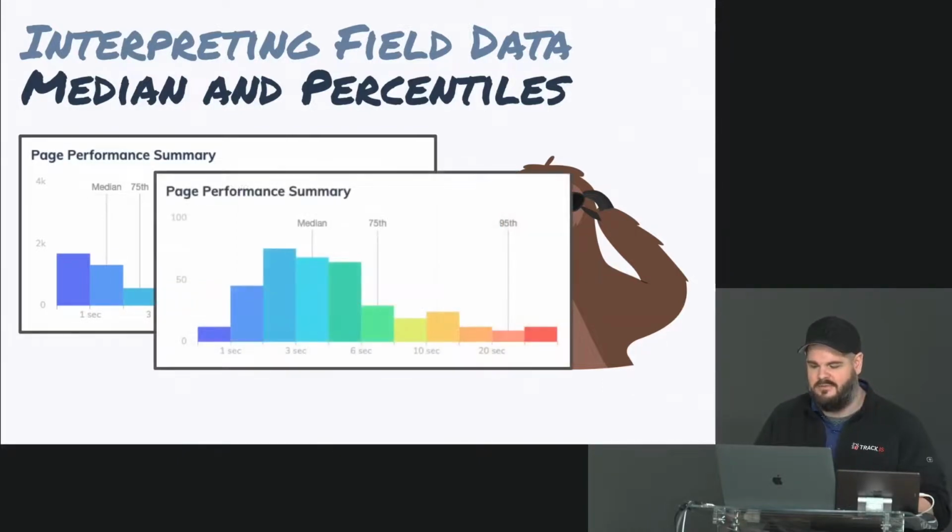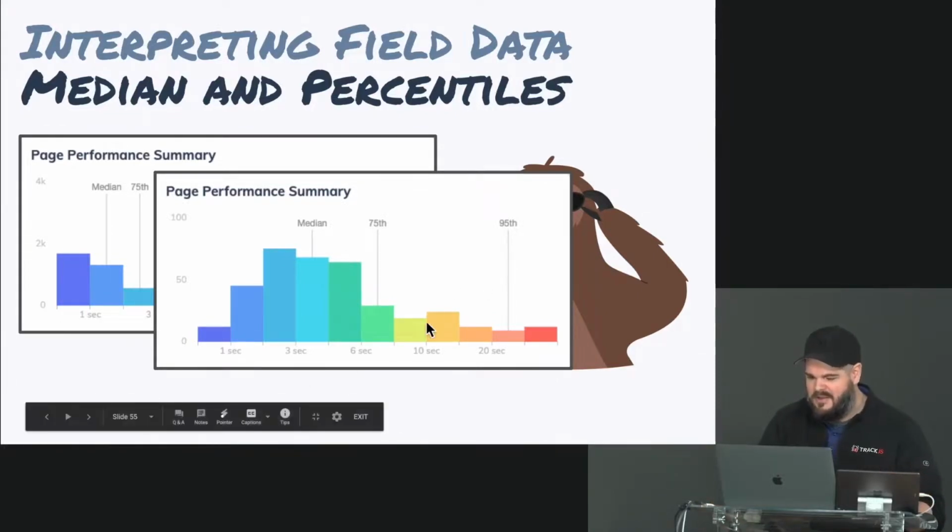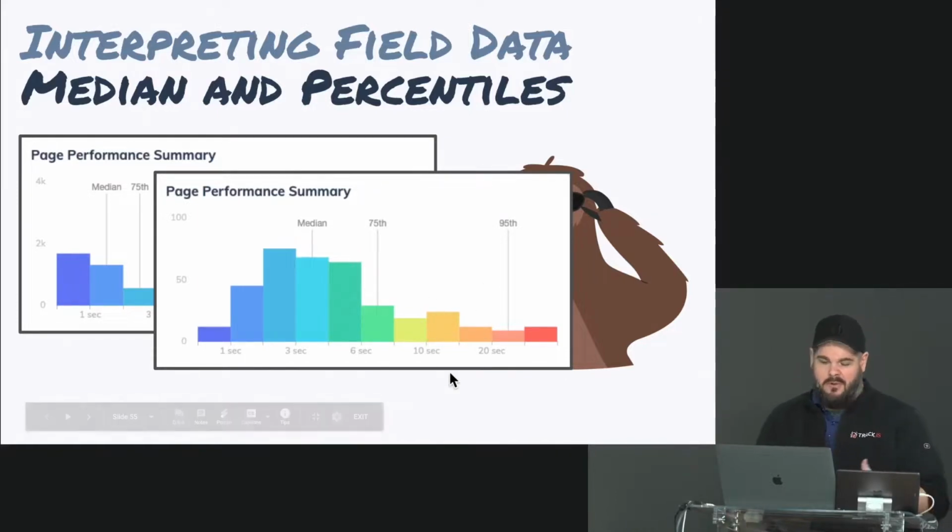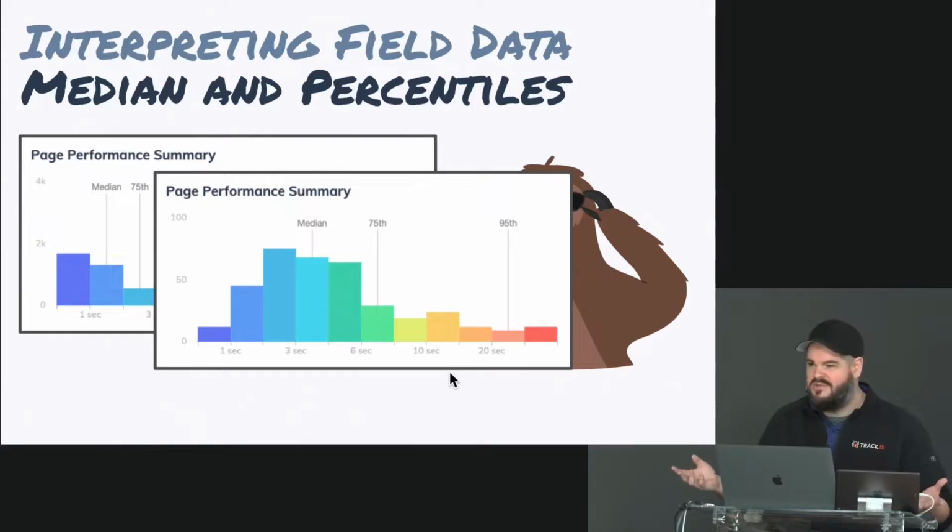Here's another example from a real site. Now, this long tail stretches out really far, and it's not a perfect normal distribution. So the site itself is obviously slower. The median is at 4 or 5 seconds. The 75th is all the way up at 8 seconds. But somewhere up here, between 10 and 15 seconds, we seem to have more users have this worse experience than the ones around it.